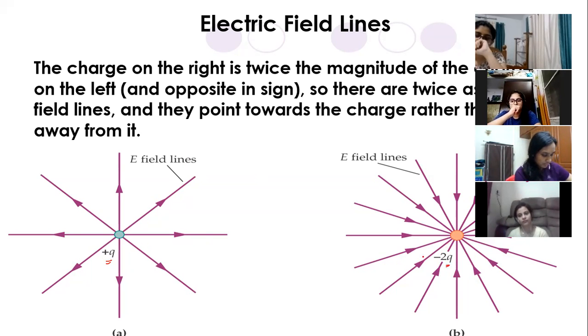Because it is minus, the lines start at infinity and terminate at the charge. Because the magnitude is 2 times, the number of lines is more. Here you can count 1, 2, 3, 4, 5, 6, 7, 8, and here you must have 16 lines. That 16 lines indicate that the field here is twice the field here. Are we good, guys?